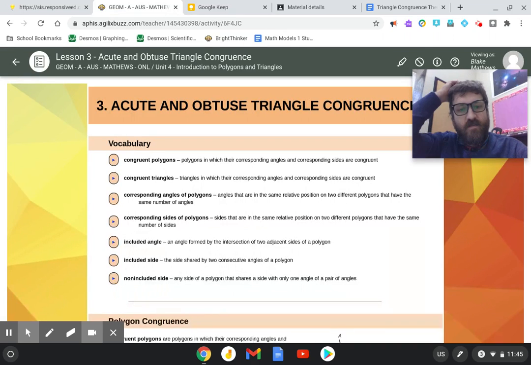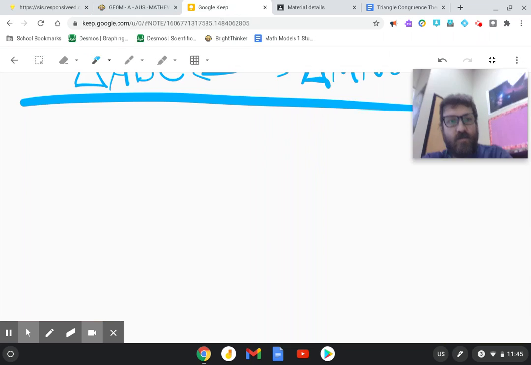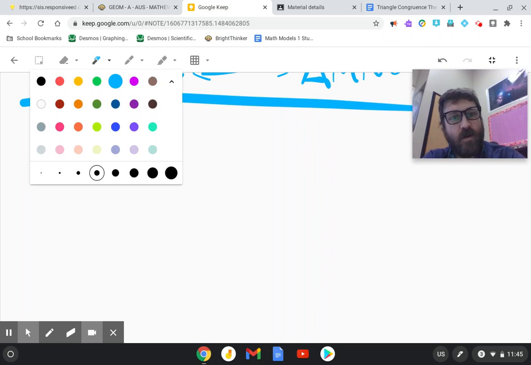The other thing is this idea of included sides or included angles, and I'm just going to write that down before I draw it.